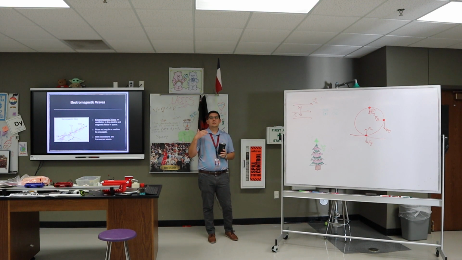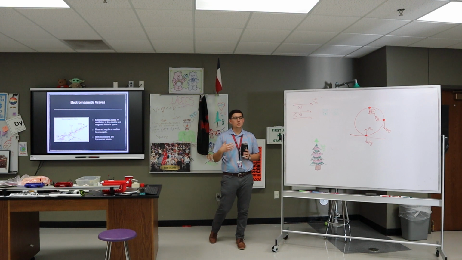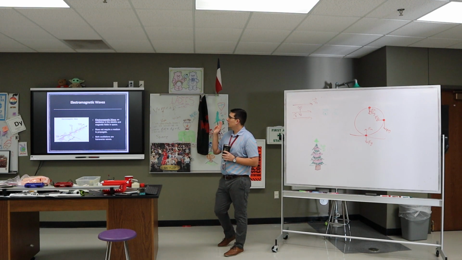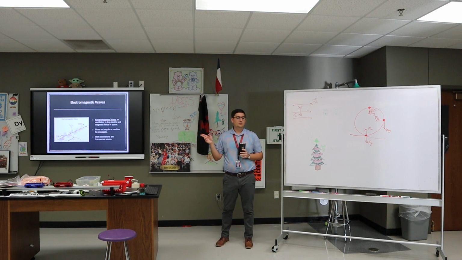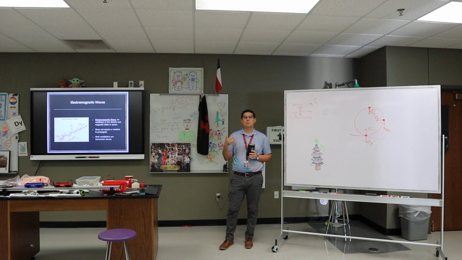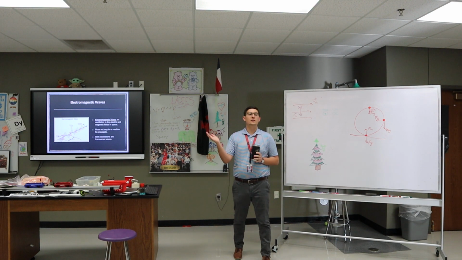So physical waves require a medium in order to move, all of them. Electromagnetic waves do not. Because they're not oscillations in matter, they're oscillations in a field. And that means that they can travel through anything.